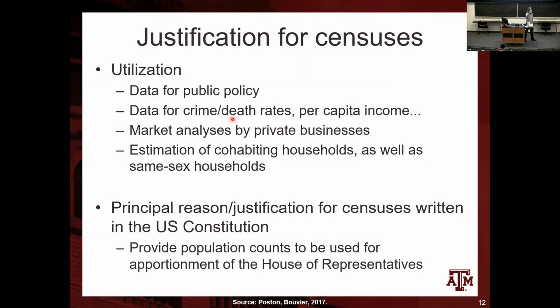Since they collect information about everybody in the population, we have such a large number of people answering the questionnaire that we can do the analysis even for small geographical areas. And then private companies that want to decide whether they will start their businesses in specific areas can analyze the census data.